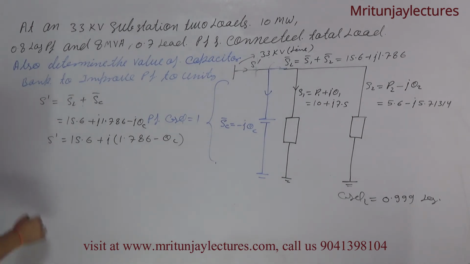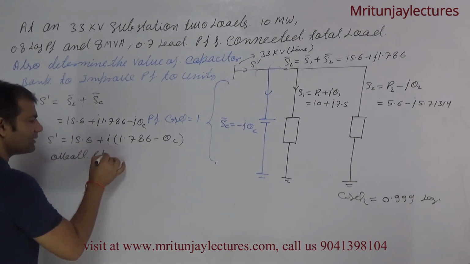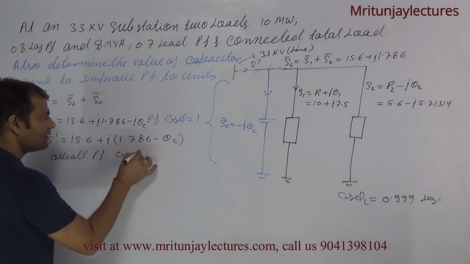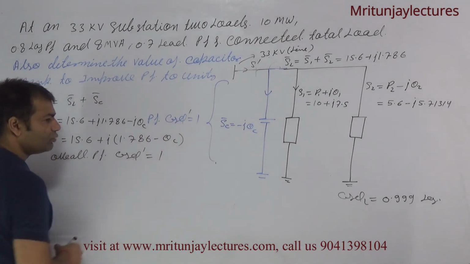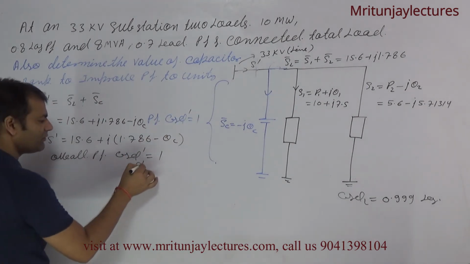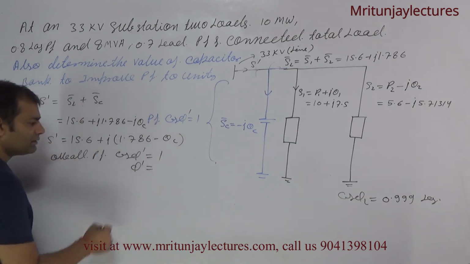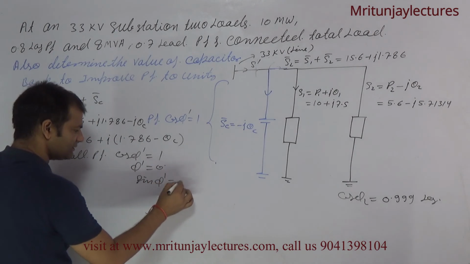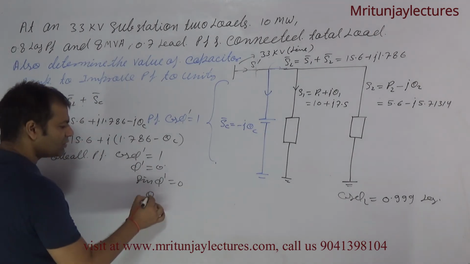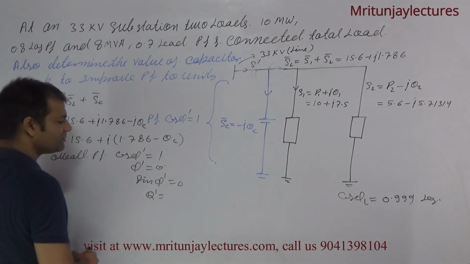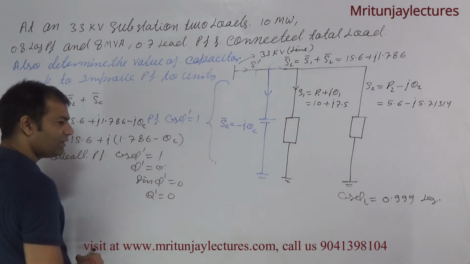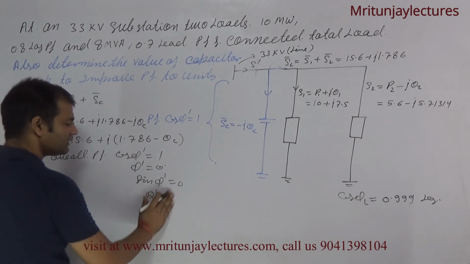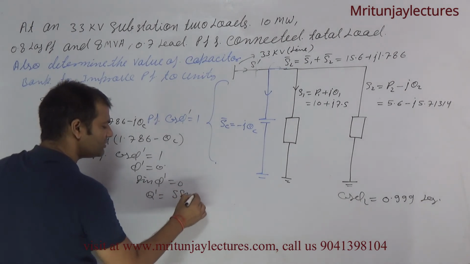Overall power factor cos phi dash is equal to 1. It means phi is 0, so sin phi dash is also 0. Q dash is also 0, because it depends upon S into sin phi dash.